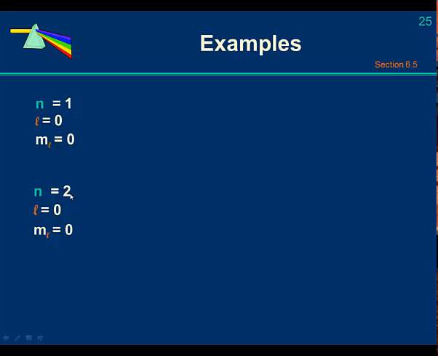For n equals 2, I have a different situation. Here I can have an l value of 0 because the rule for l values is 0, 1, all the way up to n minus 1. Here the n value is 2, and 2 minus 1 is 1, so the maximum l value I can have for n equals 2 is l equals 1.